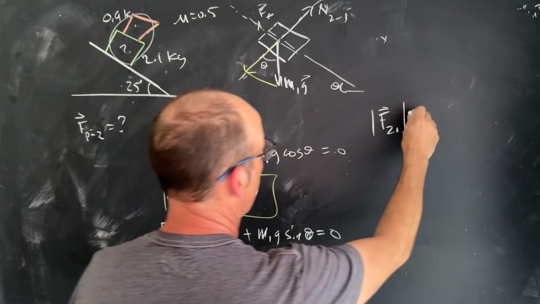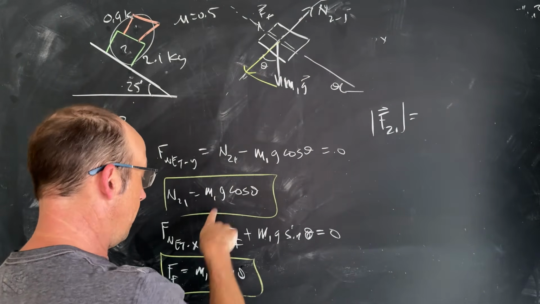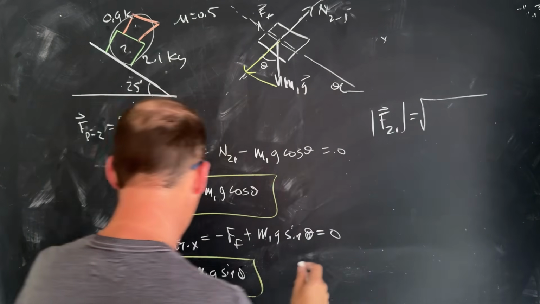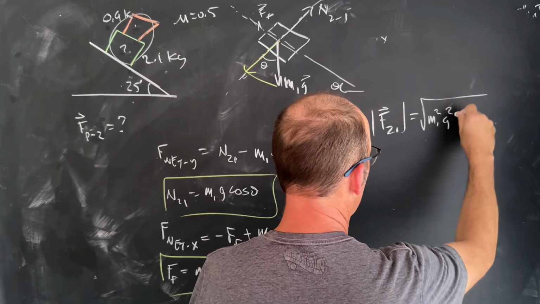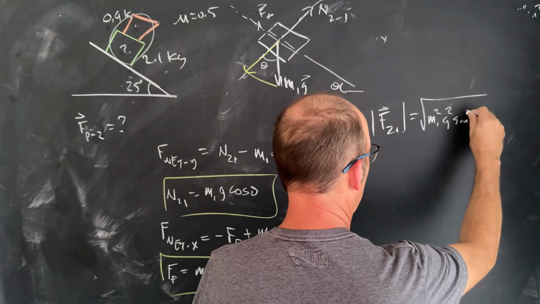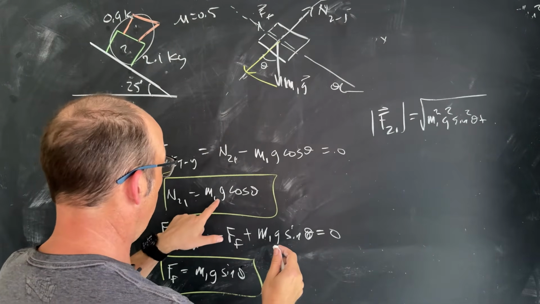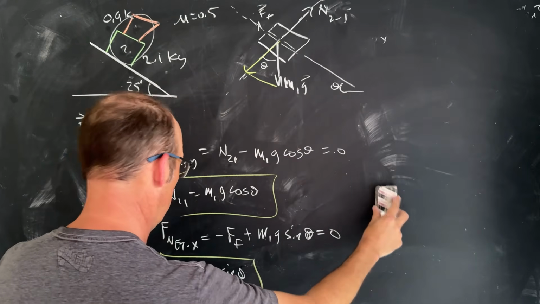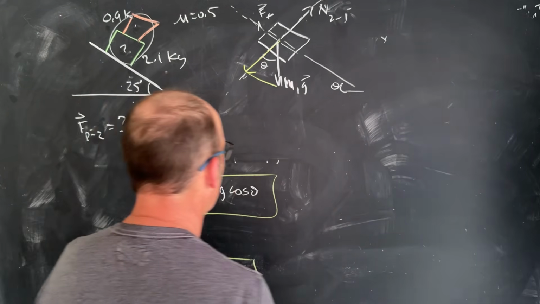Magnitude is going to be equal to the square root of the x component squared, m1 squared g squared sine squared theta, plus the y component, which is m1g cosine theta. I'm running out of room, starting over. Let's put it right here.